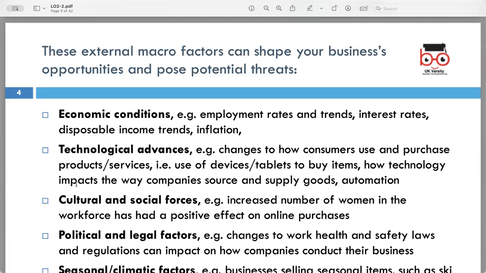It is important to consider economic variables such as employment rates and trends, interest rates, disposable income trends, inflation, and other related factors.